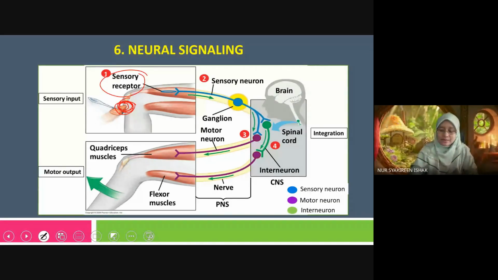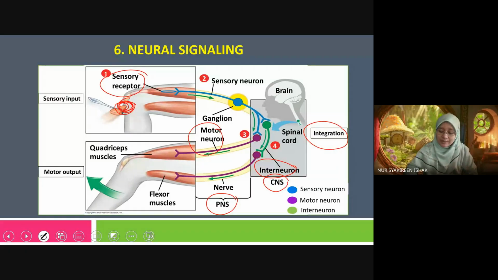and then through the sensory neurons it reaches the interneurons in the central nervous system for interpretation and integration. What is happening? What is the corrective mechanism that should be carried out? That interpretation of information will be sent through electrical impulse to the motor neuron in the peripheral nervous system.